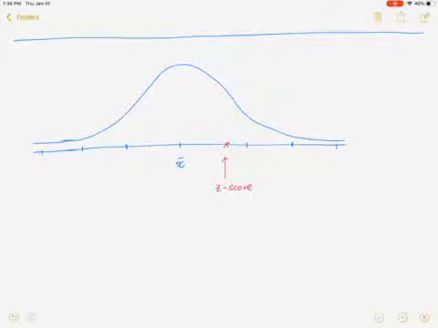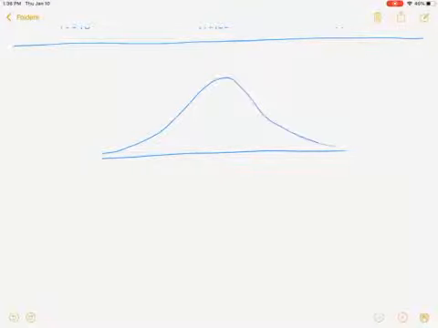Okay, now I'm going to erase this whole graph and draw a nicer one again. This time, I'm going to label it in terms of numbers.